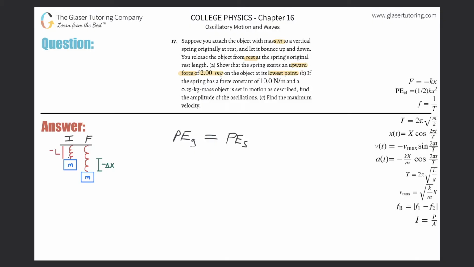Now I can expand on these two things. Notice how simple this is. The formula is not hard, but getting to the concept is a little bit. So the potential energy due to gravity is mass times gravity times the height, and more specifically it should be the change in height, because it's always relative.